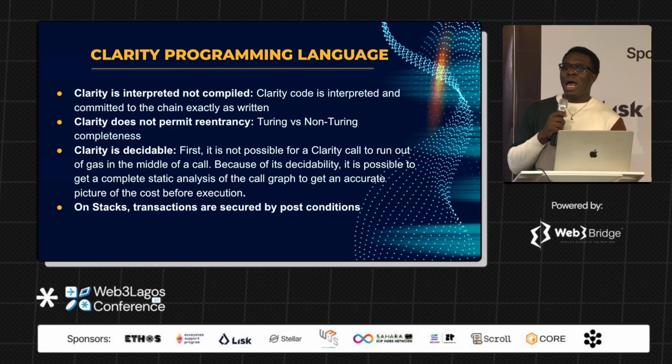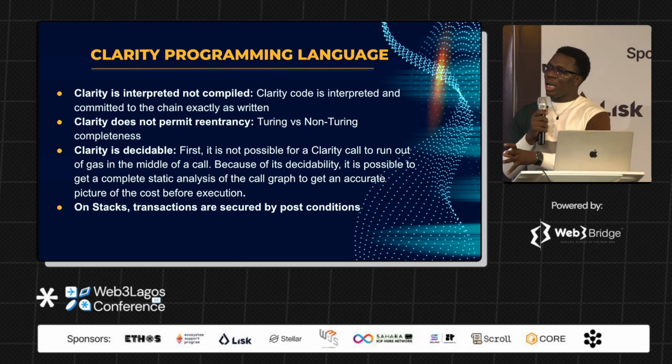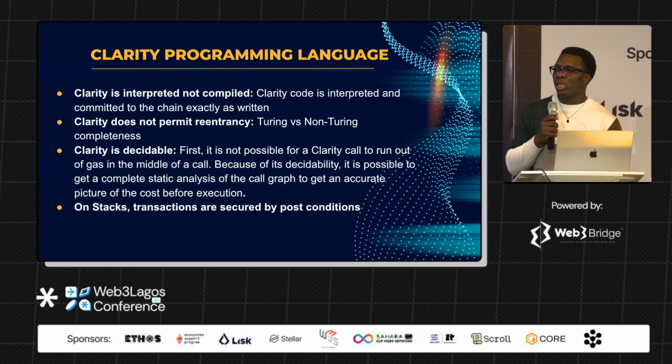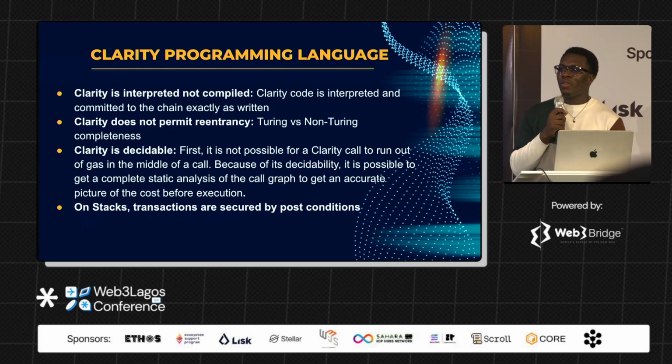What enables that on Solidity is because the EVM is Turing complete. And when you say a computer system is Turing complete, it means that it can run any computation given a fixed time and resources. So it can keep on working on it as long as there's resources and time available.